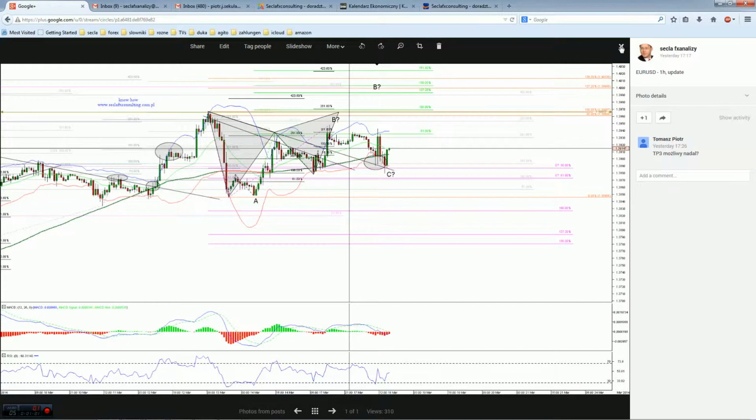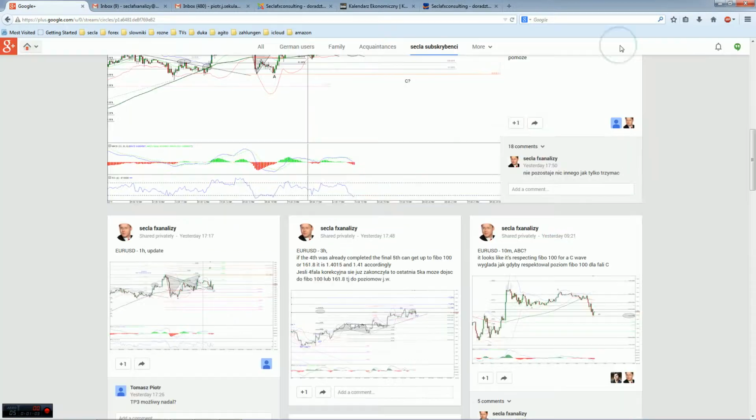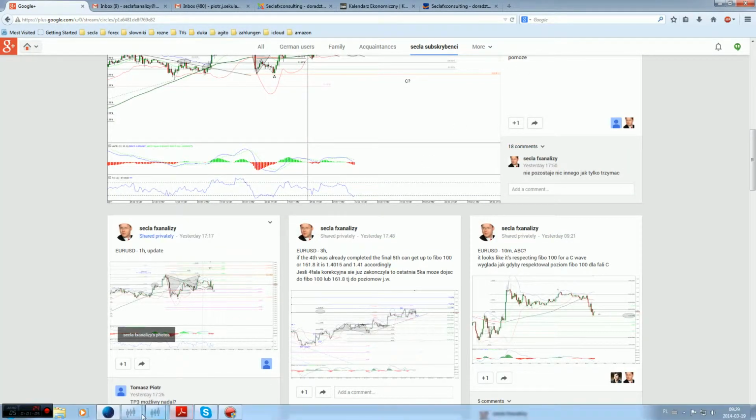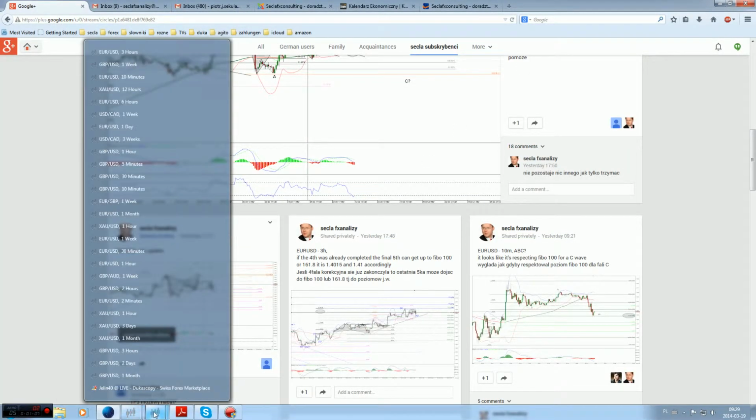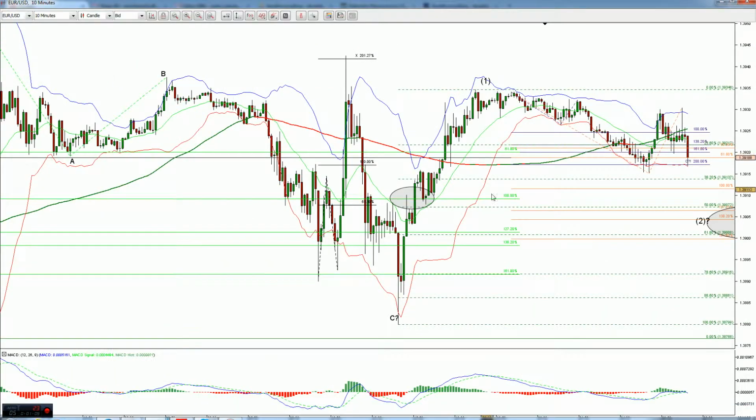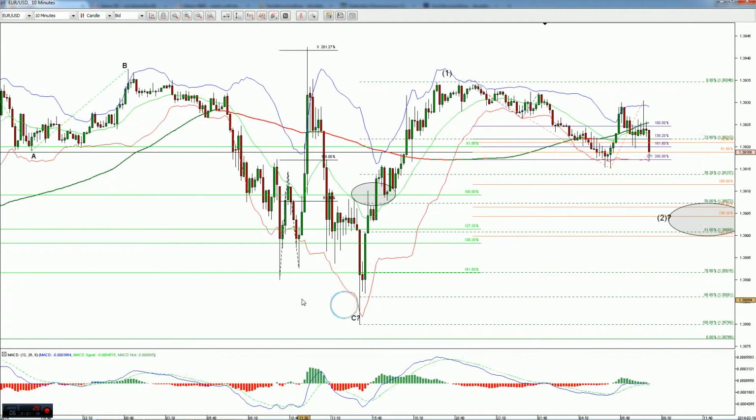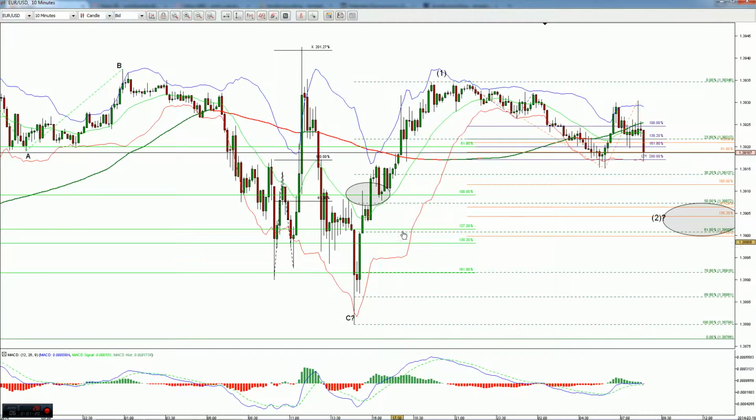So this is the point. And if you check the market, if you go to your charts, that's the situation: A, B, and most probably a C wave was completed in this area. So from that point on, a new impulse, a new 5-wave structure started.